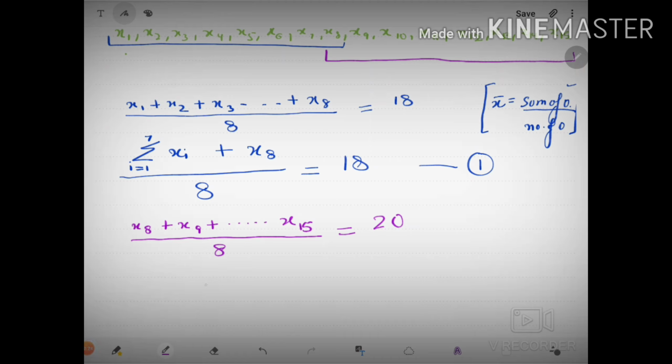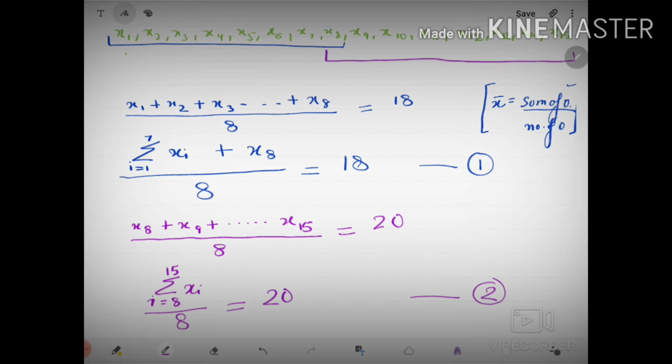Writing in the sigma form, sigma means we are combining all these additions together, so we can write it as sigma xi, i equals 8 to 15. That means from observation number 8 to 15, divided by 8, the number of observations, is equal to 20. So this is going to be my second equation.